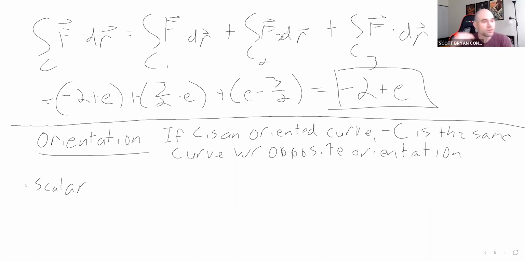So for scalar line integrals, we didn't mention orientation because it turns out it doesn't matter. If you integrate a scalar function over the opposite orientation, we get the same integral.